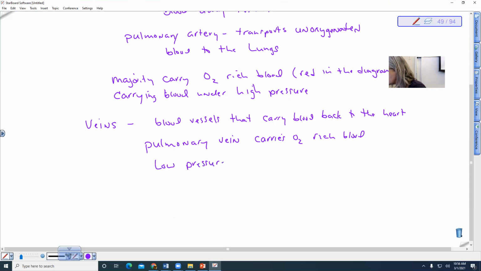So we'll talk about several ways in which veins have specific structural adaptations that allow for a more efficient movement of the blood, because there's really no pump to the venous system like there is to the arterial system.